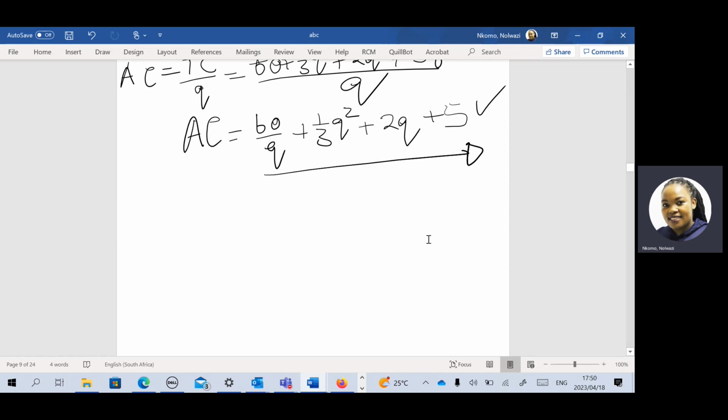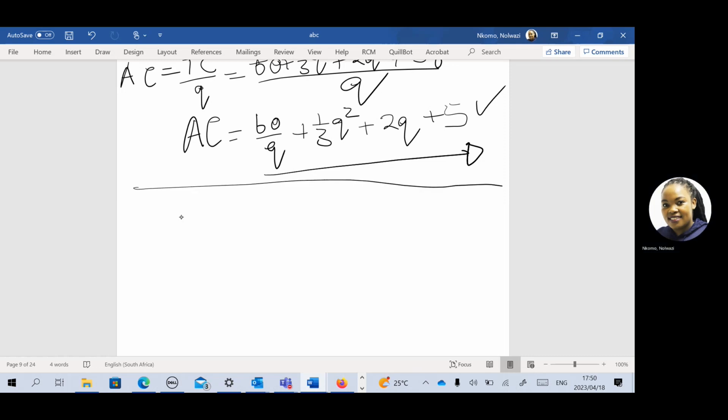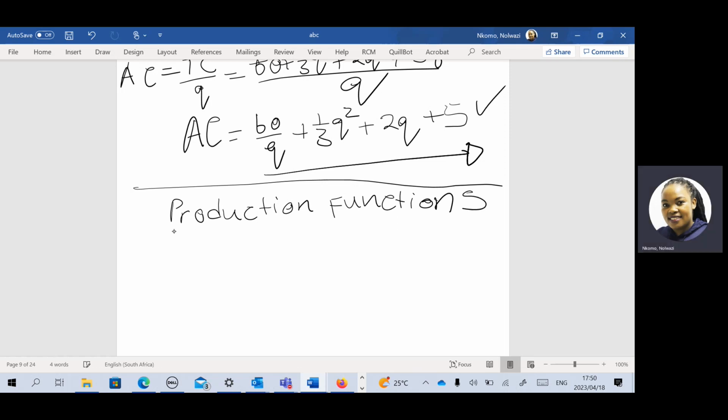Okay, let's move on to the production function. Production functions.